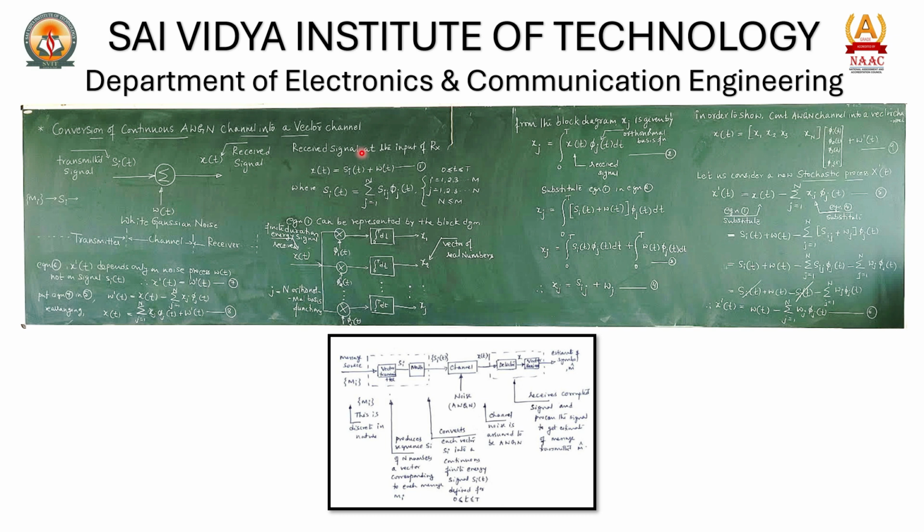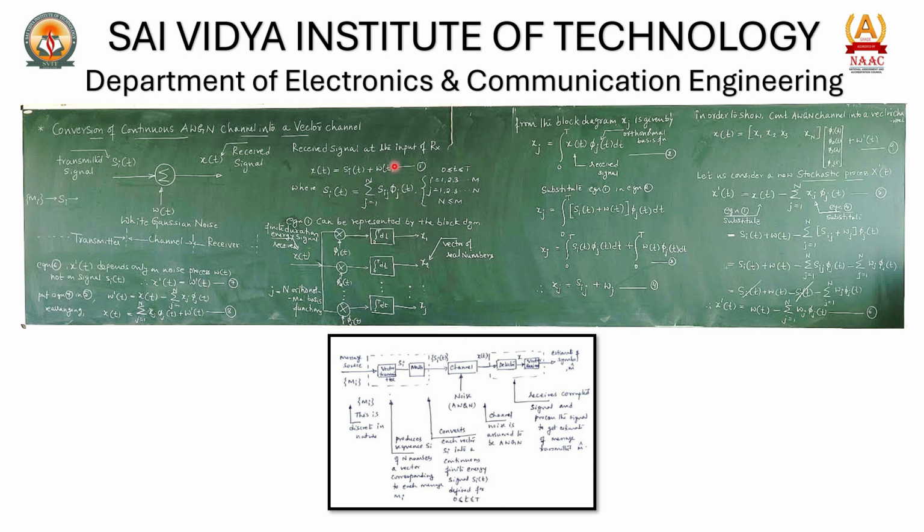The received signal at the receiver is given by x of t, which is nothing but the transmitted signal and the noise of the channel. Here we can define Si of t, the transmitted signal, in terms of the vector value and orthonormal basis function by this equation.